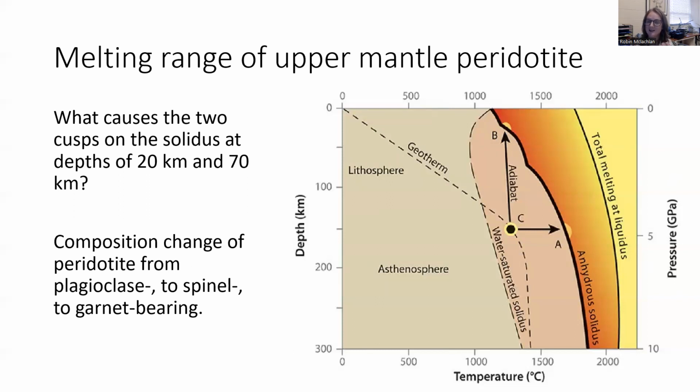Each rock has a different composition, and each composition impacts at what temperatures it melts and freezes, right? So at 20 kilometers and 70 kilometers, that's where the composition changes in the lithosphere. The composition change of peridotite from plagioclase to spinel to garnet bearing, and those compositional changes affect the melting temperature.